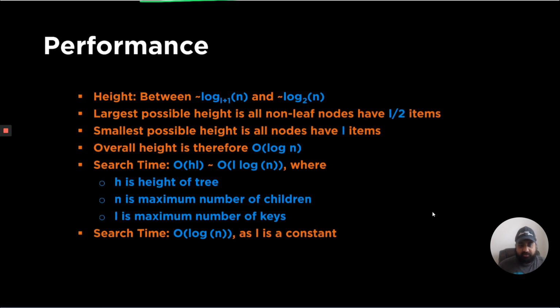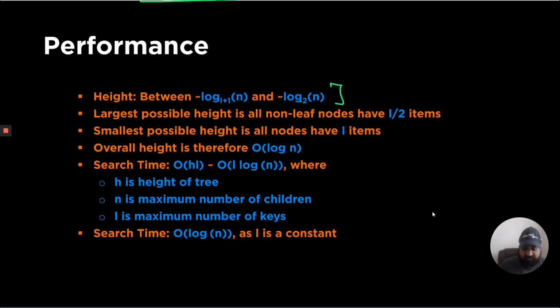So the last thing I want to discuss in this video is the performance of the B plus trees. We are not going to cover the analysis of this and how we have come across this, but typically the height of this B plus tree is either equal to log of n base L plus 1, or in the worst case, 2L log of n base 2.